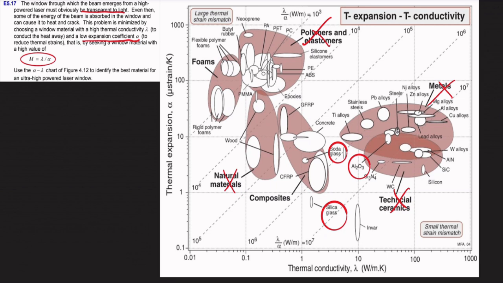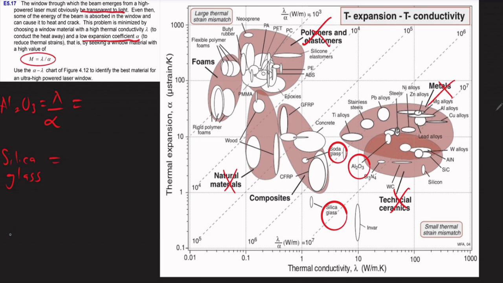In order to find the best material, we have to calculate the value of M for each of these materials. First we have alumina, Al2O3, and we are looking for lambda divided by alpha. The second material we have is silica glass, for which we'll find our lambda over alpha.